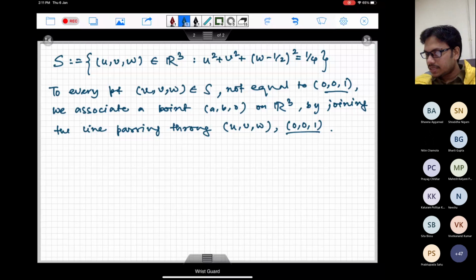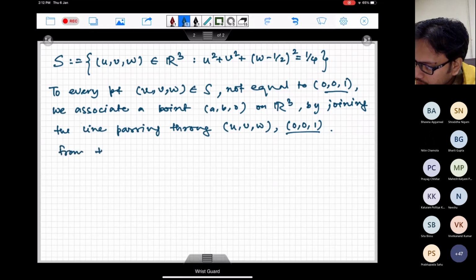I have said that when I extend this line joining (0, 0, 1) and (u, v, w), it hits the xy plane at the point (a, b, 0). So therefore, what do I have? I have the collinearity of these three points.